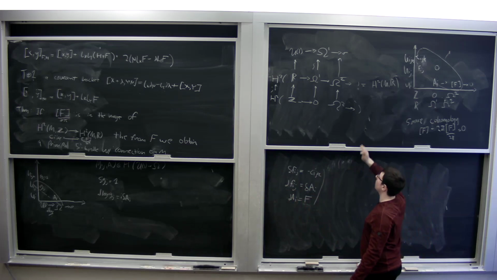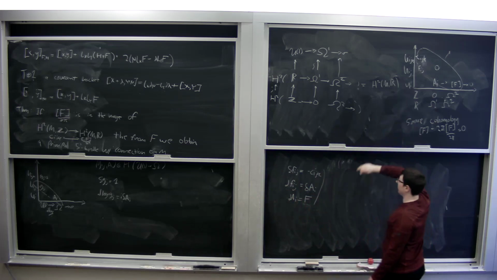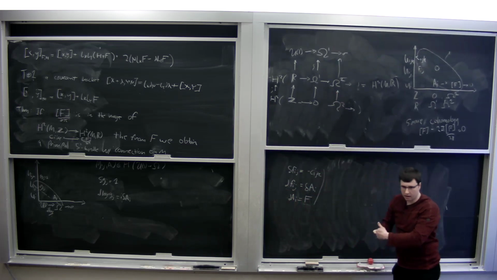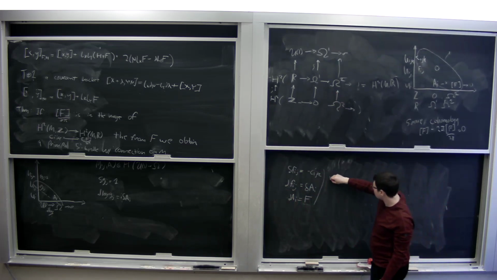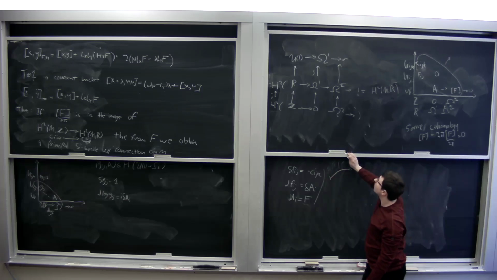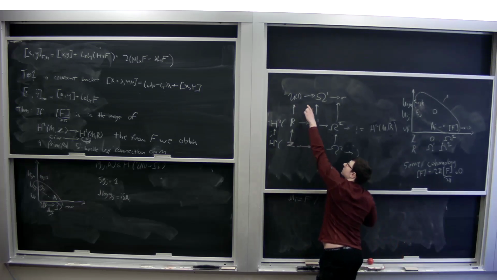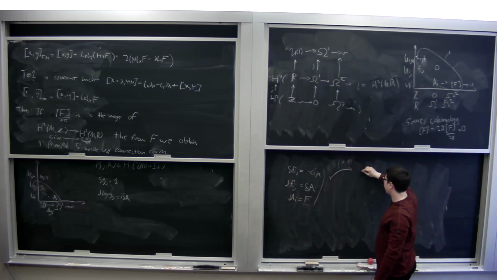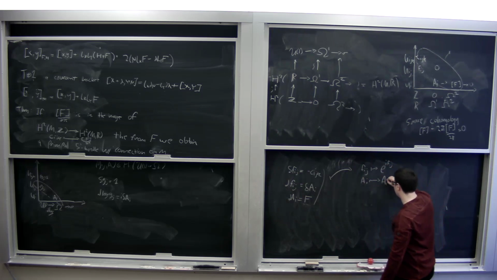It's not a class in H1 de Rham. It's a primitive for this thing in this part of the complex. So we can apply the homomorphism to it from this complex to that complex, and we'll just get that f_ij maps to e to the i f_ij, and A_i maps to itself.